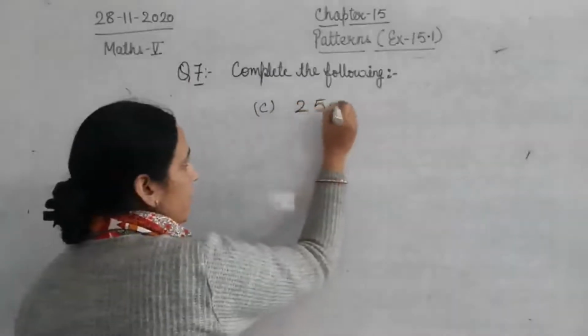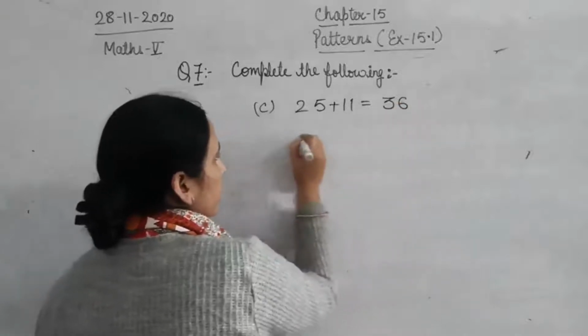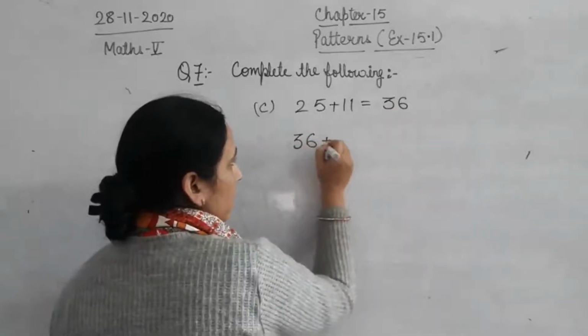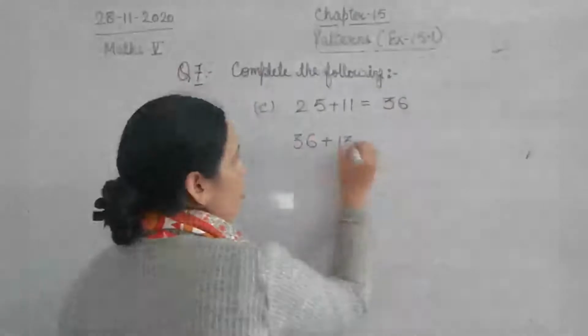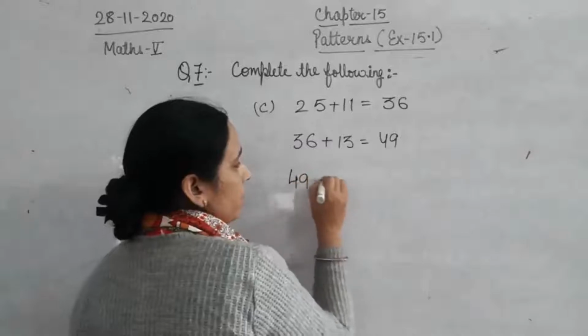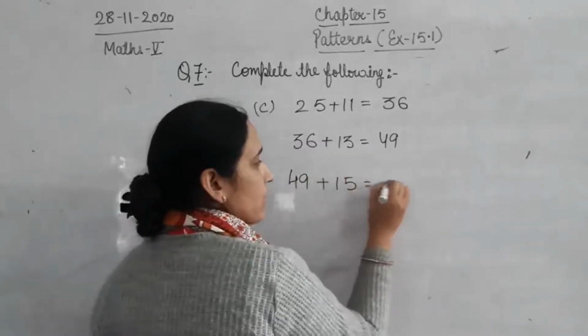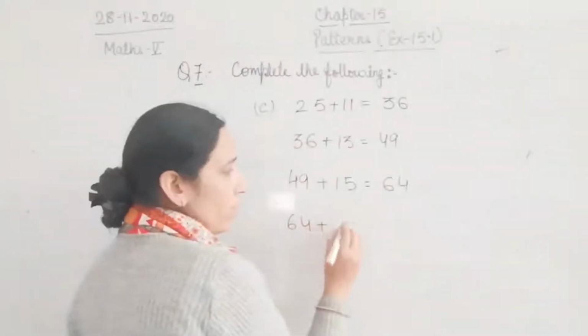25 plus 11. We will be getting 36. Then 36 plus 13, you will be getting 49. 49 plus 15, you will be getting 64. Now 64 plus what will I add here?